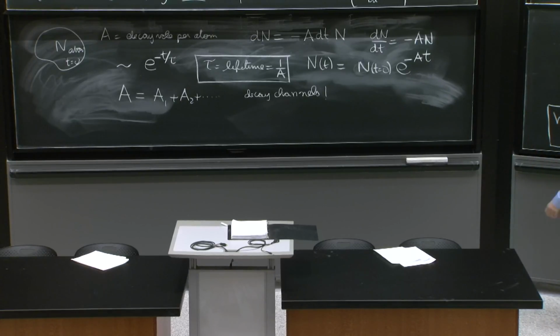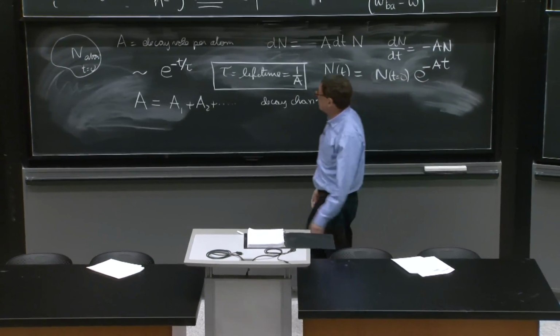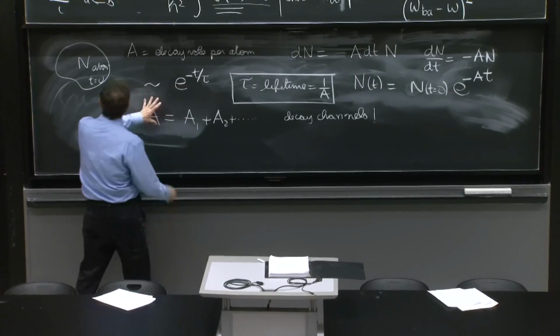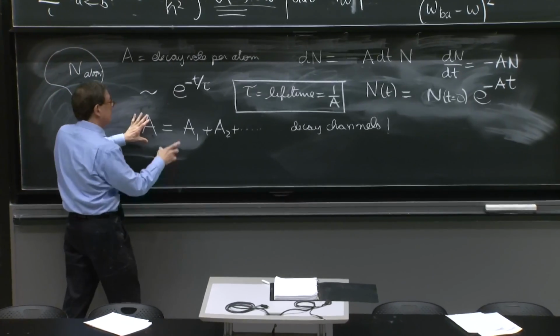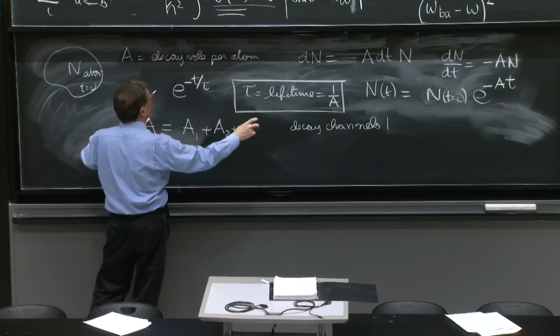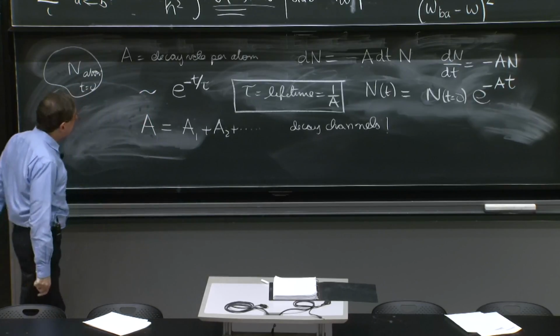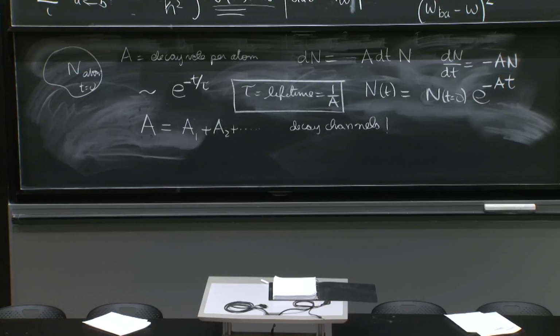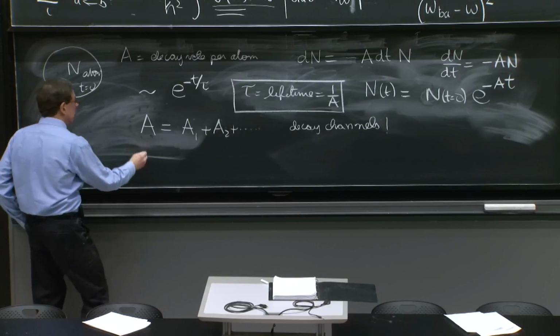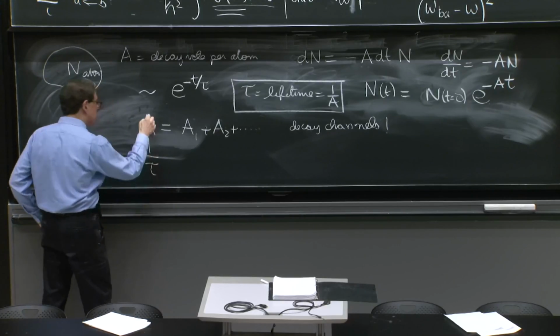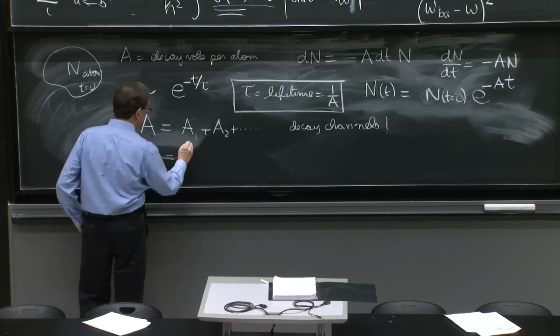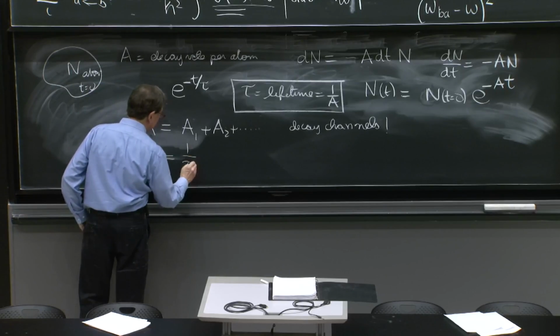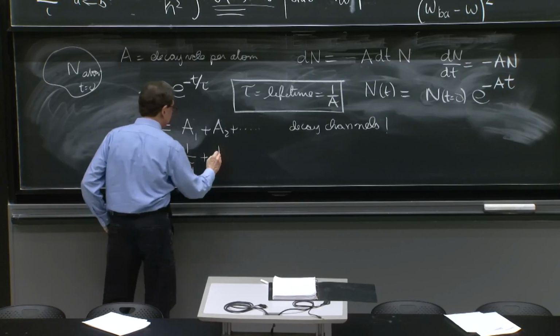Each one contributes to the total decay rate because the total disappearance of those atoms is because they go into one or the other or the third. So this gives you a relation: the total lifetime, which is 1 over this, is the sum of the inverses of the partial lifetimes.